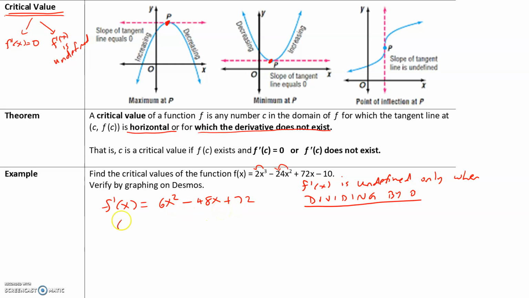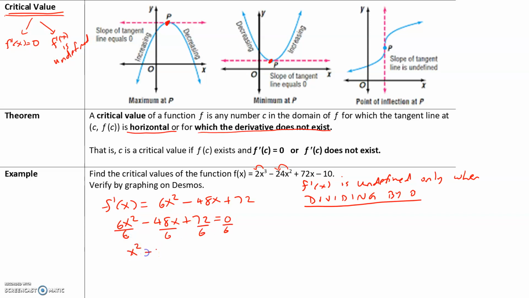So let's just take our first derivative, which is 6x squared minus 48x plus 72, and let's set it equal to 0. Now we can either factor this, use the quadratic formula, or graph it. But before we do any of that, let's make this a little bit simpler. They all have a common factor of 6, so let's divide both sides by 6.